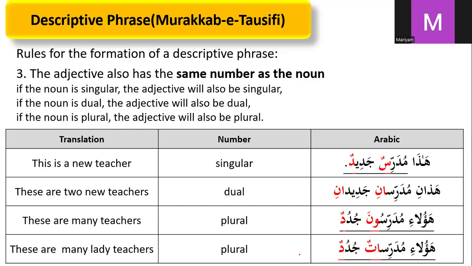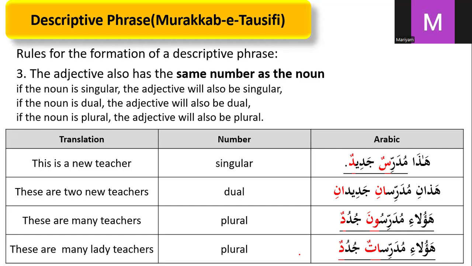So when you use the plural form of the adjective, you need to use the same plural form for the feminine plural as well as the masculine plural. This is not the case for the singular. In the singular, you need to add ta marbuta for making the feminine. But when you make the plural form, and if you want to use an adjective, you need to use the plural form for both. I'm talking about human beings.